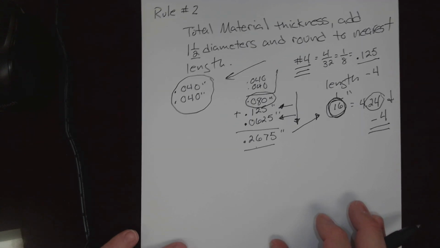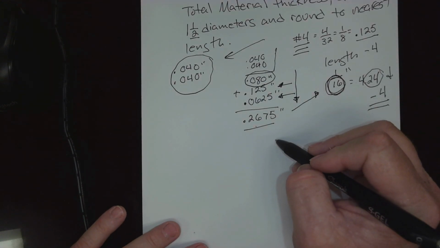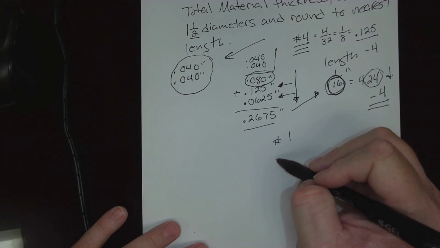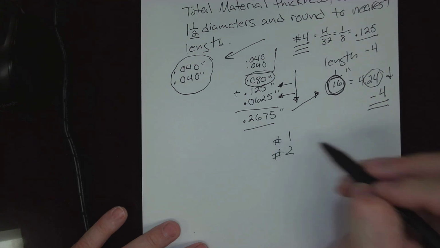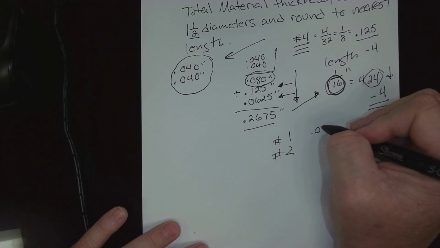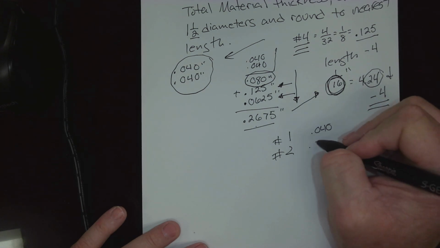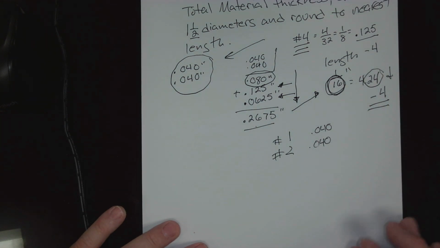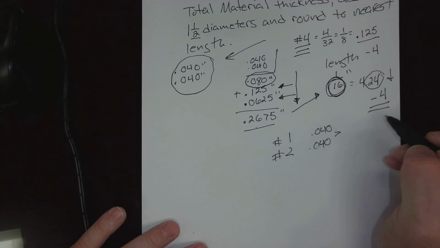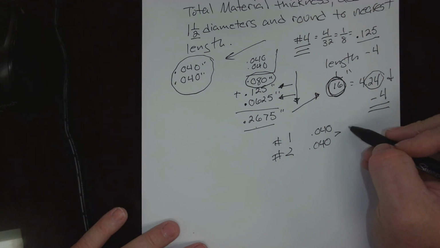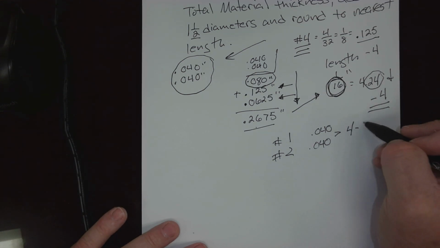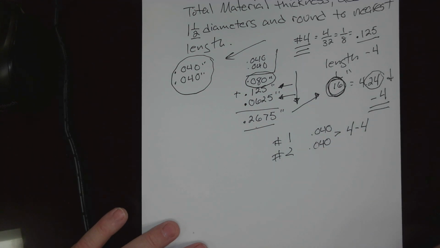So based on this, rule number 1 and rule number 2 for this particular material stack up, we're going to end up with a 4/32 by 4/16 rivet.